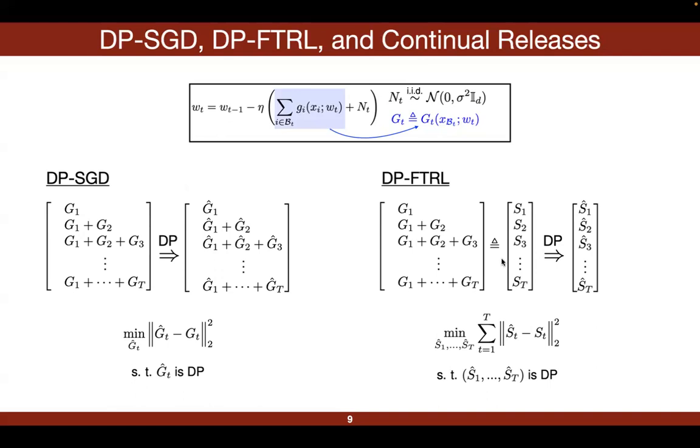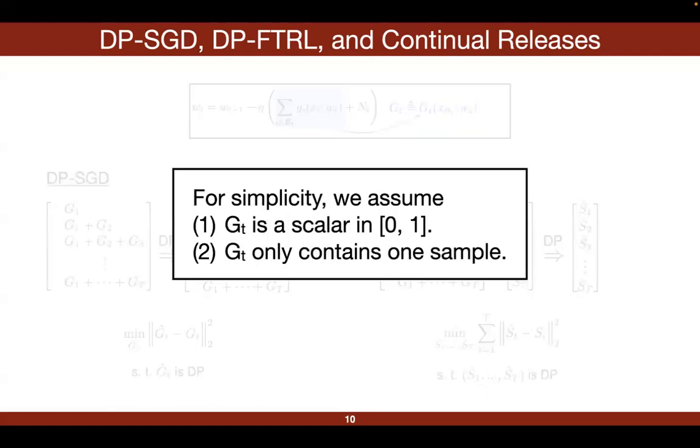Okay, so now I'm going to talk in more detail about how we can design this differentially private prefix sum algorithm. For simplicity, let's first assume each GT is a scalar in some bounded domain [0, 1], and each GT only contains one sample, which basically means that the mini batch size is 1.